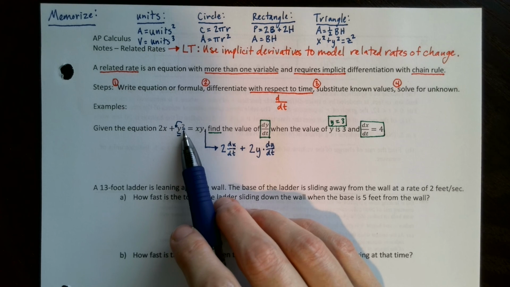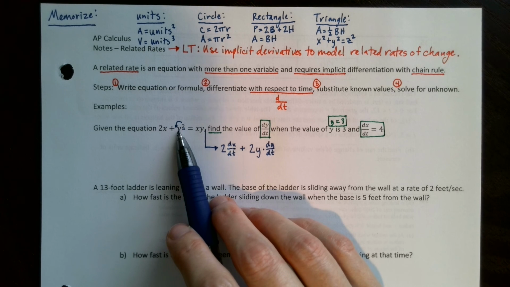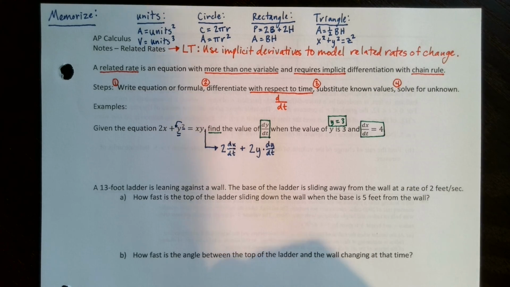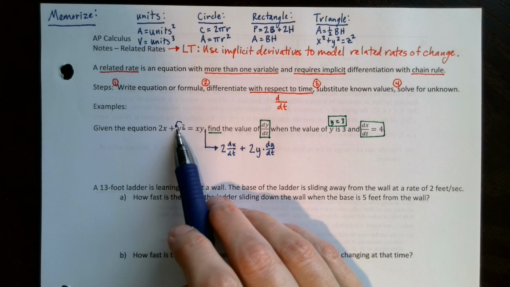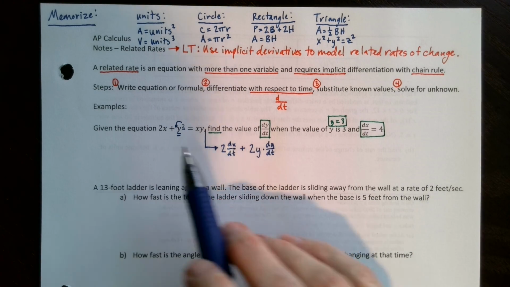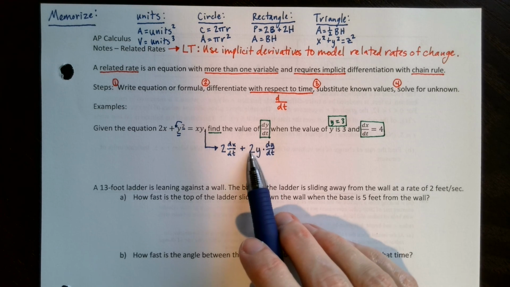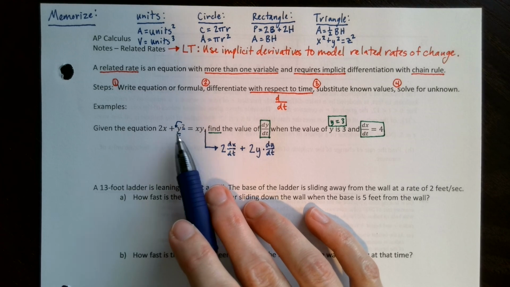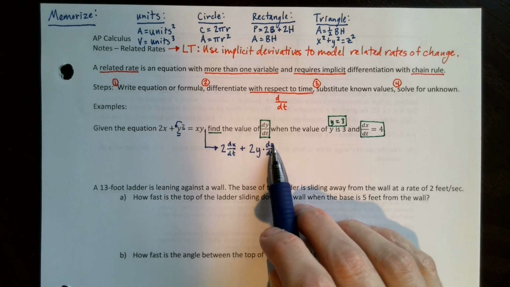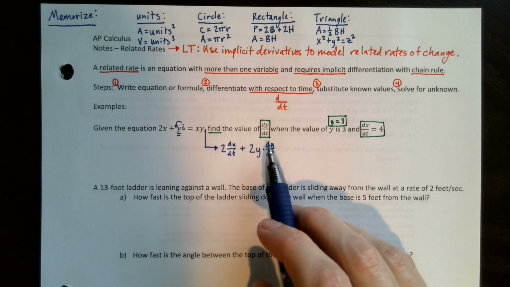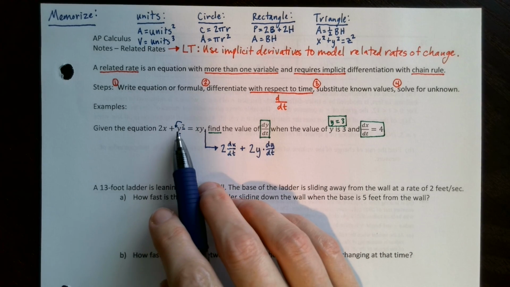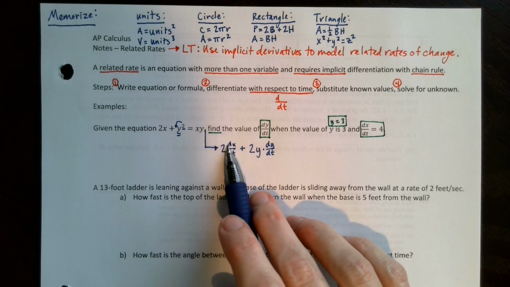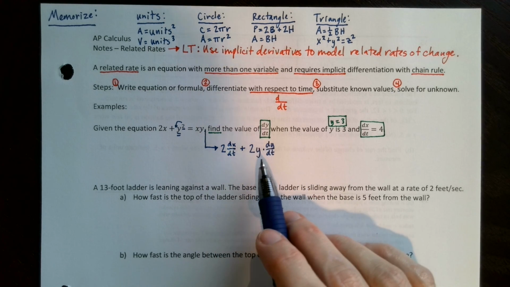It is going to be a chain rule because any variable with respect to t is going to require the chain rule, as we mentioned in our definition of related rates. So since it has a power, the power is the outside function, it will come down in front, become 2y to the first. So that is my outside derivative. My inside function is the y, and the derivative of y with respect to time goes into dy dt. So basically, anytime you take the derivative of a variable other than t, or time, it's going to produce this dx dt or dy dt, or whatever variable it is, dt.